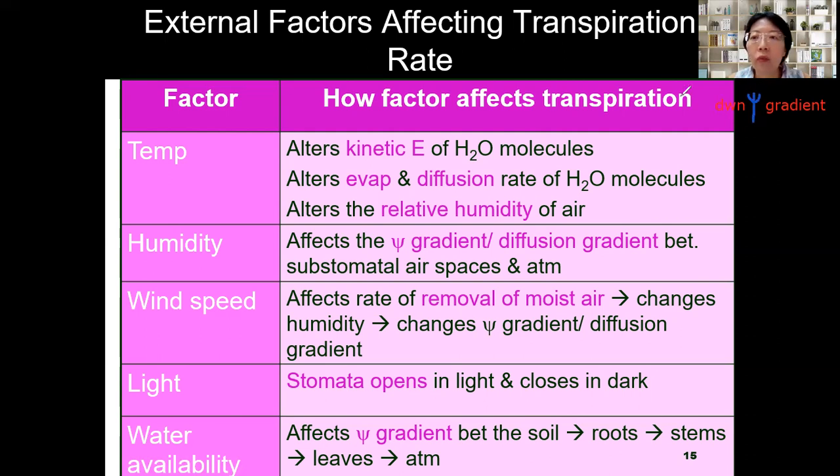So how fast will the water vapor diffuse out from the leaf into the atmosphere? It depends on the difference in the water potential in the leaf, which is the substomatal air spaces, and the water potential of the atmosphere.